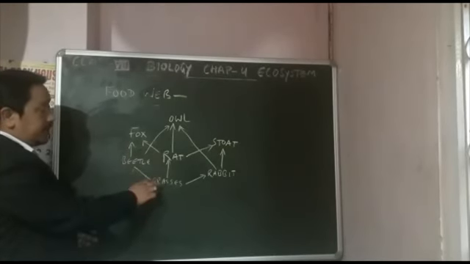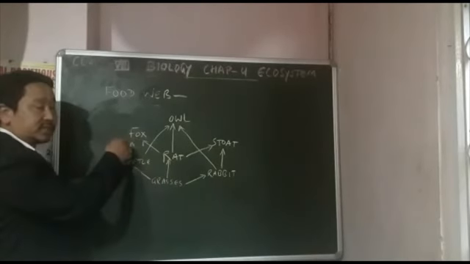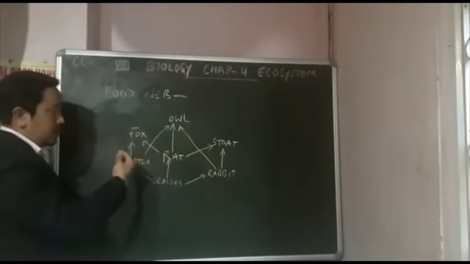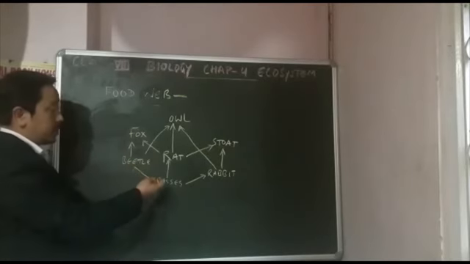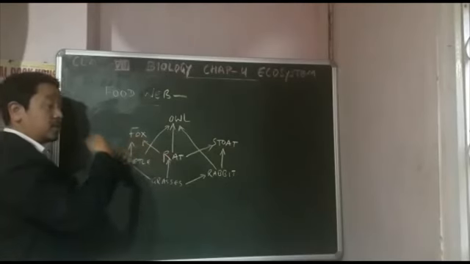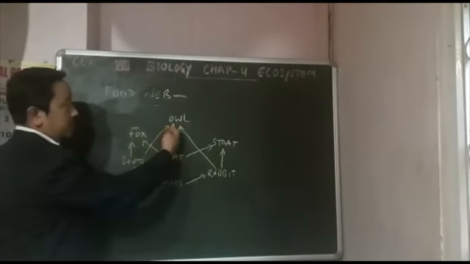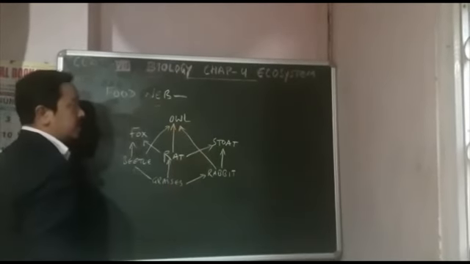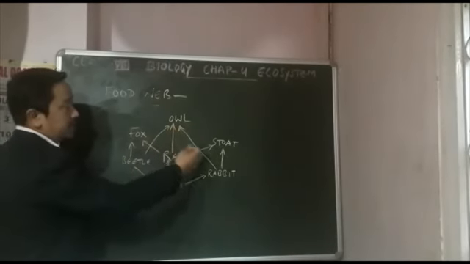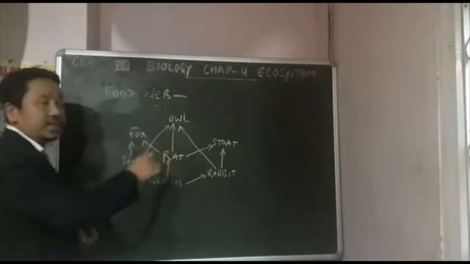Like you see grasses, beetle and fox making one food chain, grasses, rat and fox making another food chain, grasses, rat, owl making yet another food chain. Similarly here, a number of food chains are formed in this network.